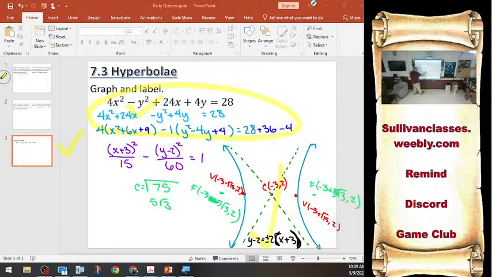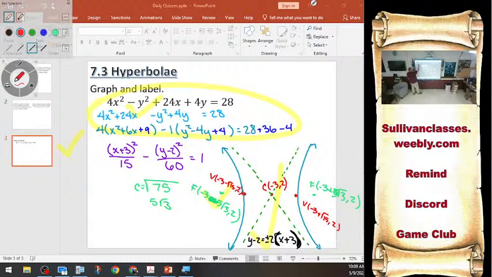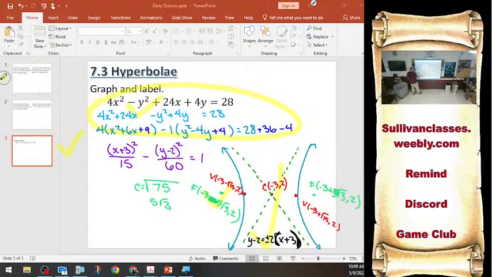If you had your a squared, b squared in the correct spot, then you should have had the correct vertices and the correct foci. But then I'm also going to say one for, is your hyperbola of the correct shape?